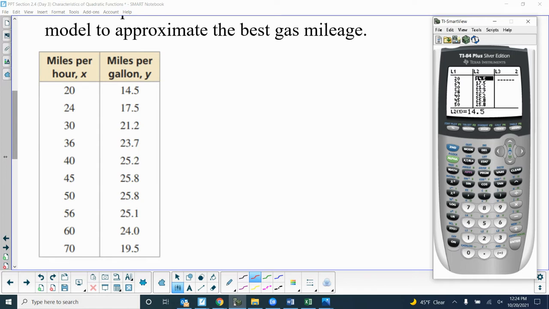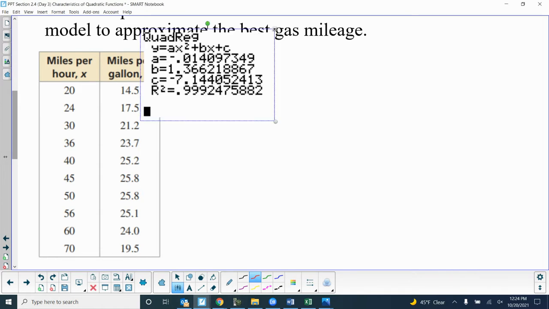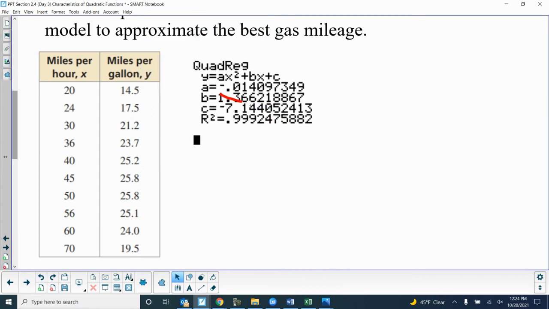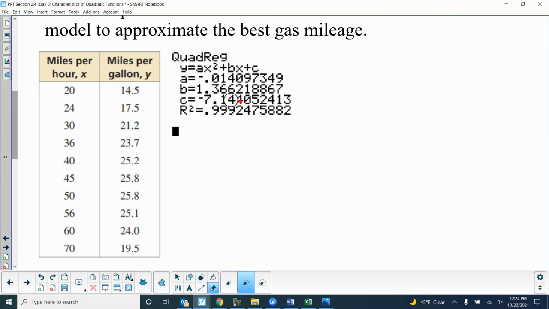Okay. So we go back to stat and calc, and these are quadratic regressions, number 5, and then calculate it. So here's our information on our calculator. All right, so here's our equation. Now again, let's go to 5 decimal places to make sure we got it right here. So negative 0.01409.